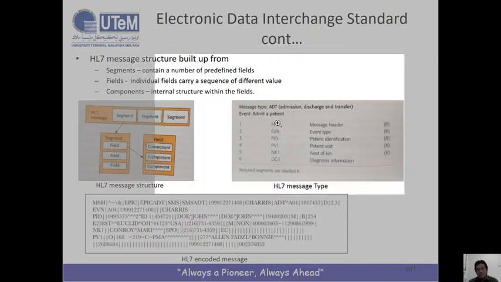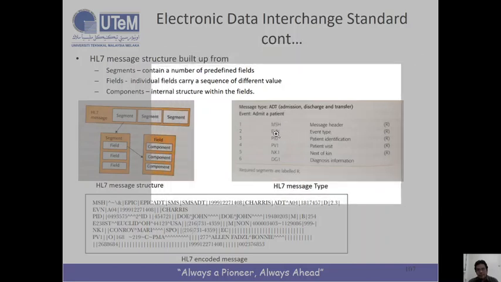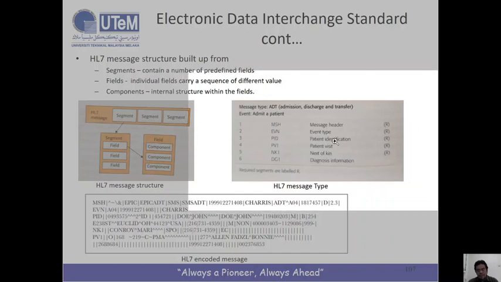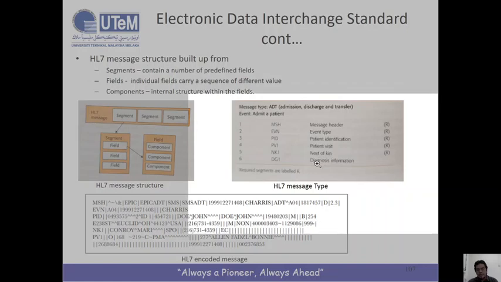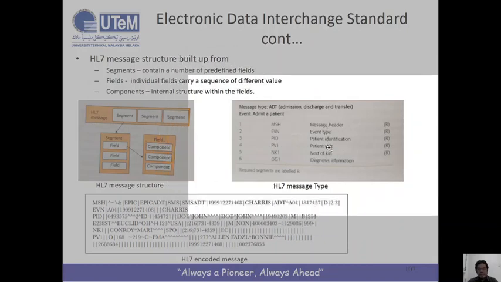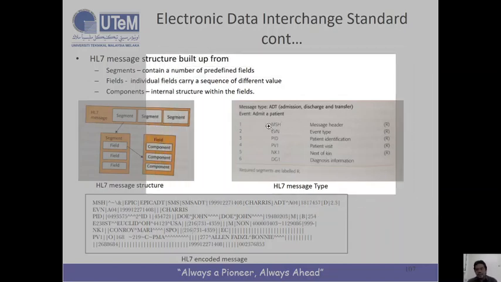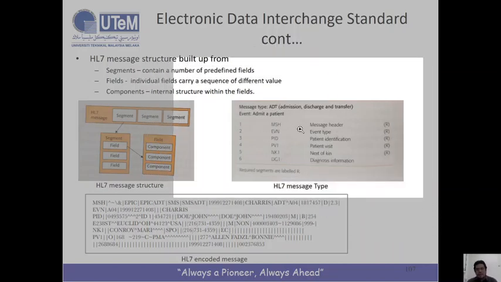The segments inside the ADT message are message header, event type, patient identification, patient visit, next of kin information, and diagnosis information. This information is unlimited, and you can put a small amount of data or even more than 100 characters.